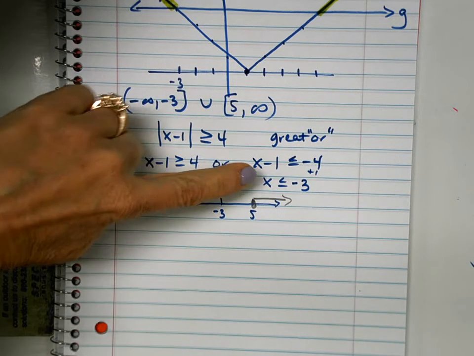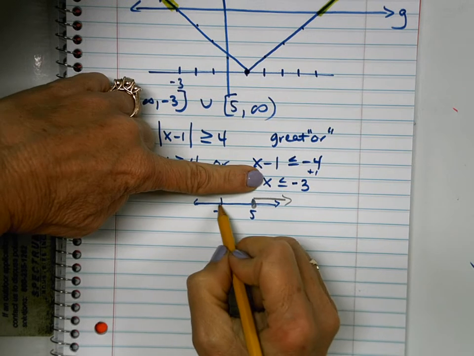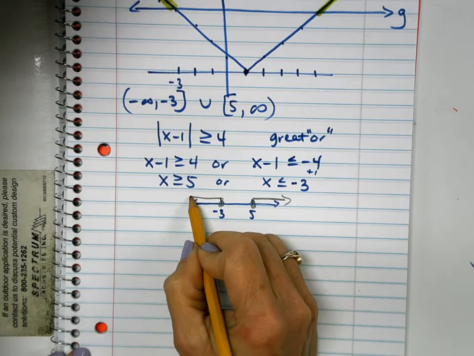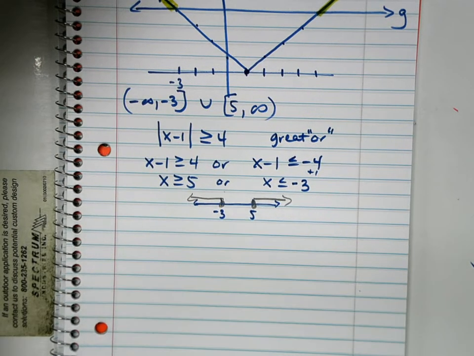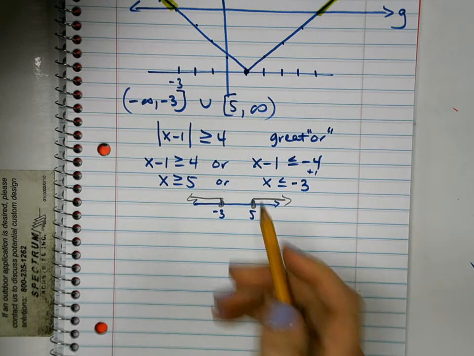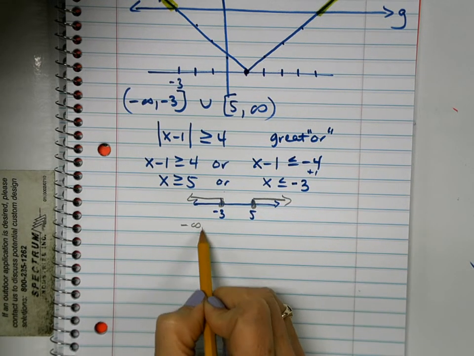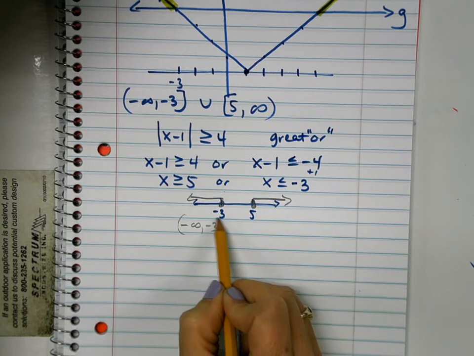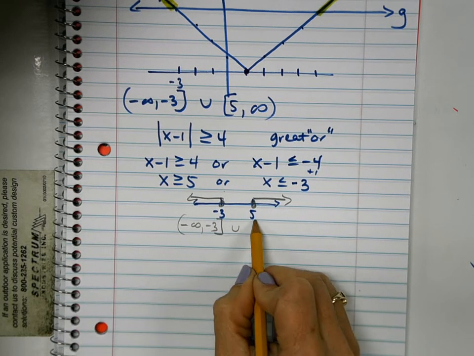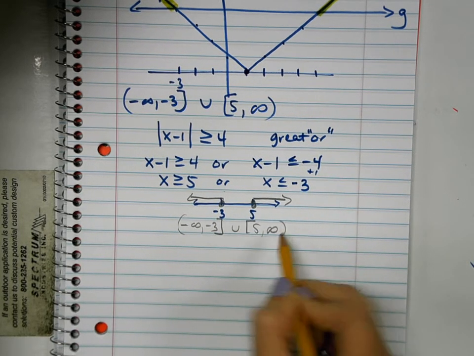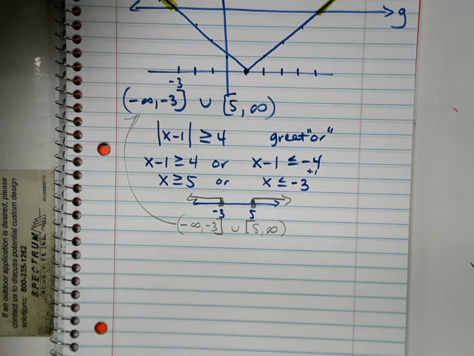If I graphed everything less than or equal to -3, I'd put a big solid dot at -3 and I'd sketch everything to the left. And because it had the word or, that means it could be true for either one, so I'm going to take both of them. That would be from -infinity to -3, union 5 to infinity, which is what we got when we did it graphically, and we should get the same answer.